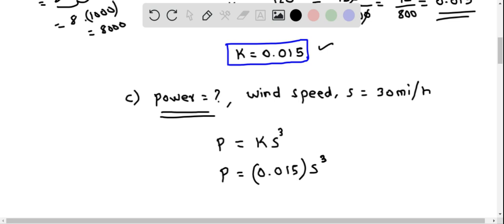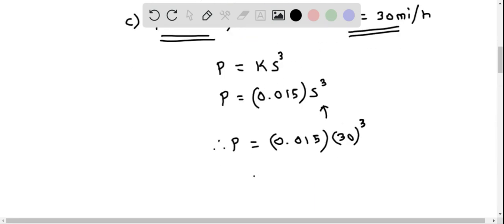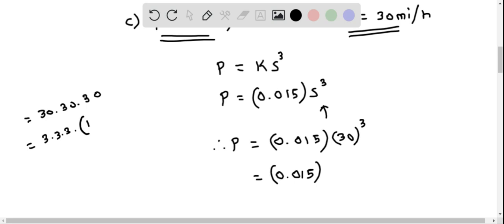Now we can easily determine the power when the wind speed S equals 30 miles per hour. We are going to replace S by 30 so that we can determine P. So the power P equals 0.015 times 30 cubed. 30 cubed is 30 multiplied by itself 3 times, which also equals 3 multiplied by itself 3 times, and then 10 multiplied by itself 3 times.